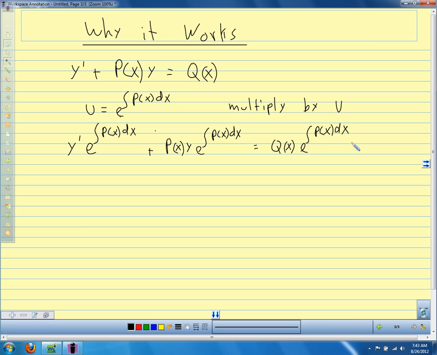Now I'm going to pause here for a second, and let's look at this side. Look at that for a second and see if you can figure out what that is. This is something that we're familiar with. Think about it for a second.